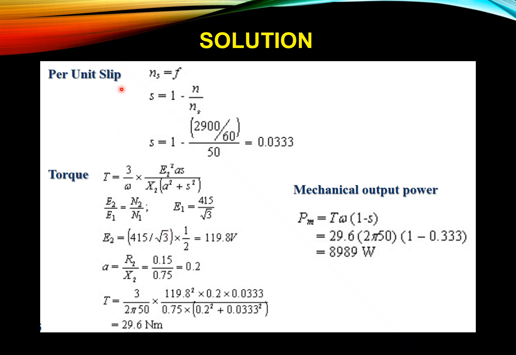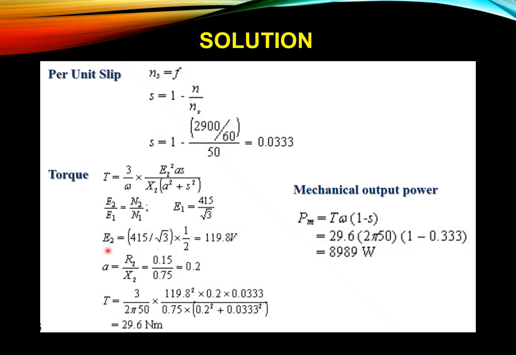Okay, so per unit slip, we know ns equals to frequency. We want to find the slip, s equals 1 minus n over ns. So we replace: s equals 1 minus 2900 divided by 60 over 50, and we get the value 0.033.